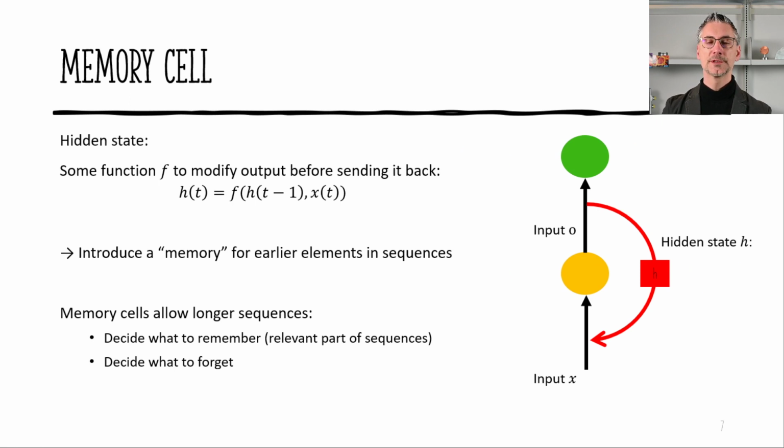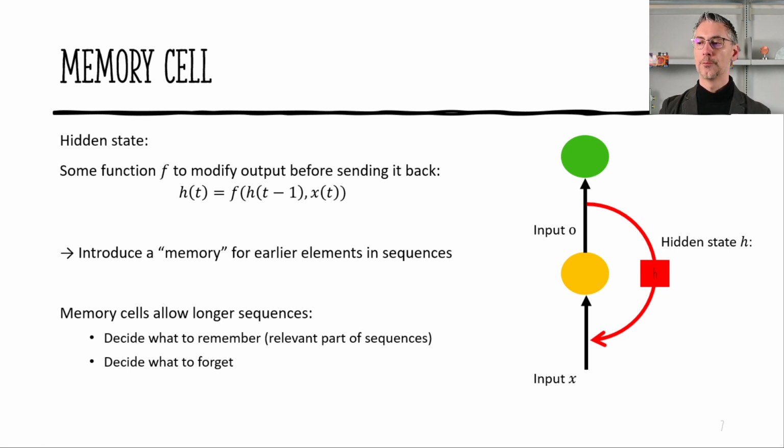To put this concept a bit further, we can introduce a memory cell. Remember that we said that we have a hidden state, some function z in our encoder-decoder setup. So far we've just introduced a recursion. Remember the previous graph where we had the red arrow.